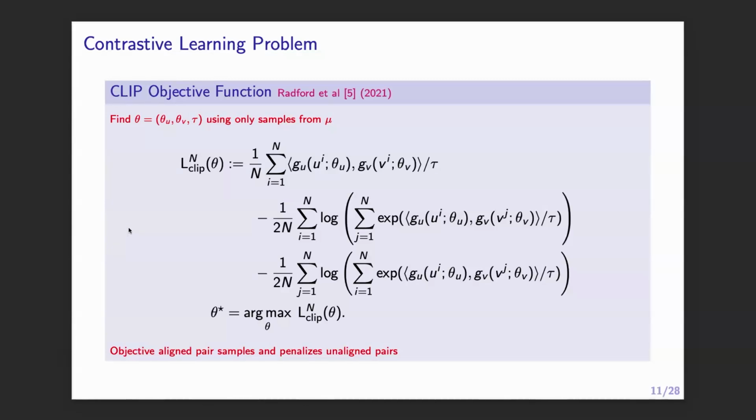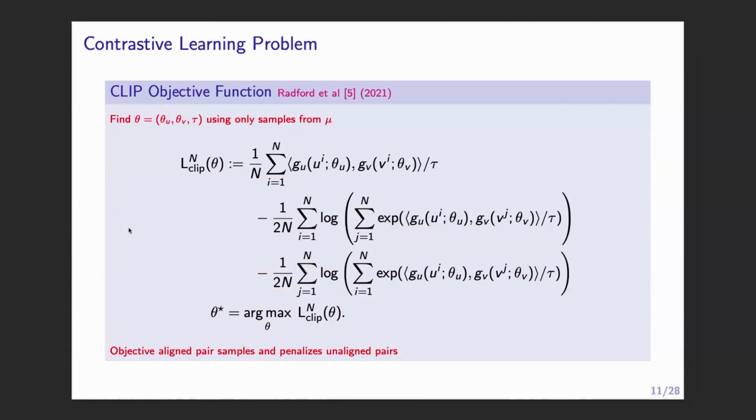That's the first term. And then the second two terms, what they do is they take every text prompt and all other images, not necessarily the ones that are related to this text prompt. So for instance, the text of the airplane and the image of the banana or the image of all the other objects.